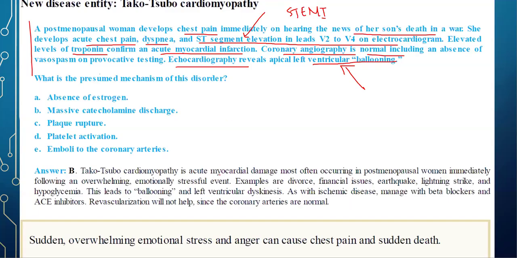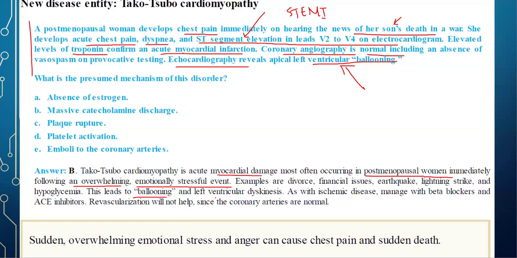So what is Takotsubo? It is a myocardial damage, occurs mostly in postmenopausal women immediately following an overwhelming, emotionally stressful event, which is in this case her son's death. It could be divorce, financial issues, earthquake, any emotionally stressful event can bring it on.